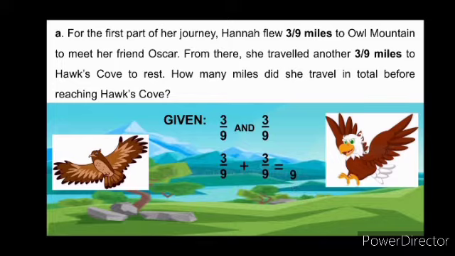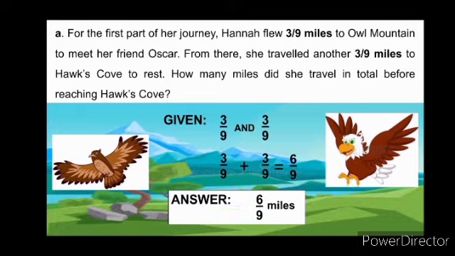Then what we have left here is to add the numerators. 3 plus 3 is equal to 6. Nice. Then we have our final answer. It would be 6/9 miles. So it took Hannah the hawk 6/9 miles in total before reaching Hawks Cove.